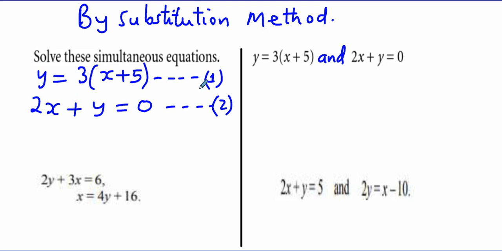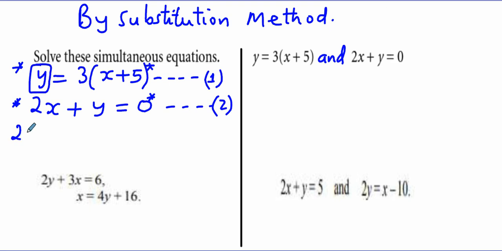What did I say about substitution method? You take a good look at equation number 1 and see if there is any letter which has been made the subject. In this case, y is already the subject of the equation. So what we are going to do is to substitute y equals 3x plus 5 into this equation here. In other words, we are going to substitute equation number 1 into equation number 2. Now how do we do that?